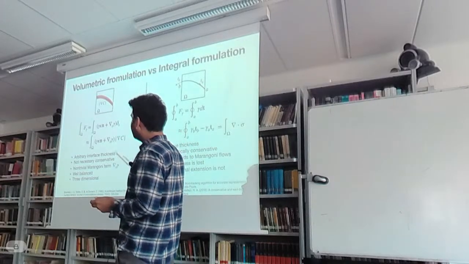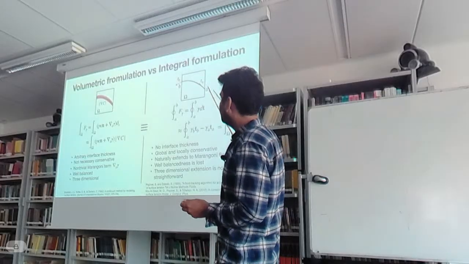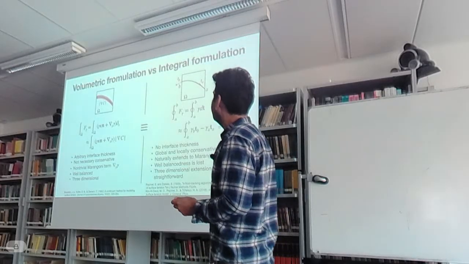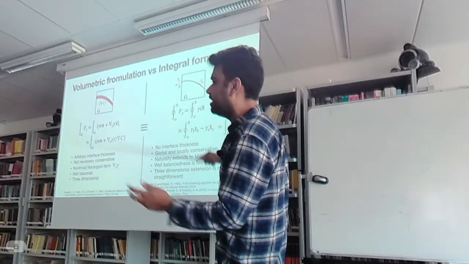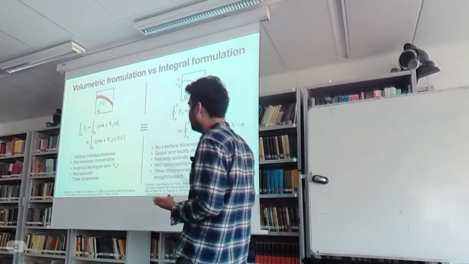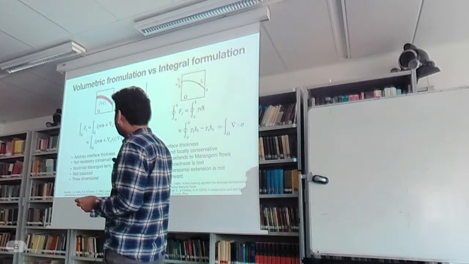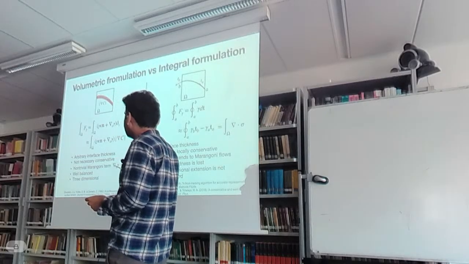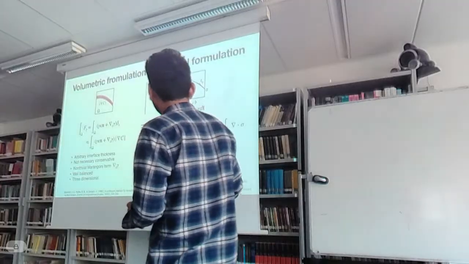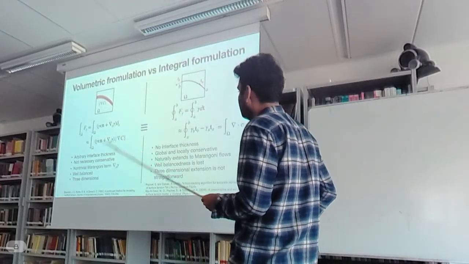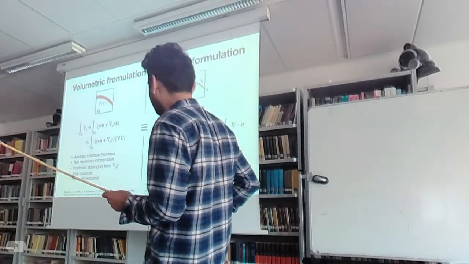It's not necessarily conservative, whereas if you see this formulation, it's discretely conservative because there's a neighboring cell with the interface and tangent in the other direction, so you cancel out the contribution, and it's globally and locally conservative. For the Marangoni terms, we have to calculate this surface derivative of the surface tension coefficient in this case, whereas in this case it naturally extends to Marangoni because you can have different surface tension coefficient at the edge points.